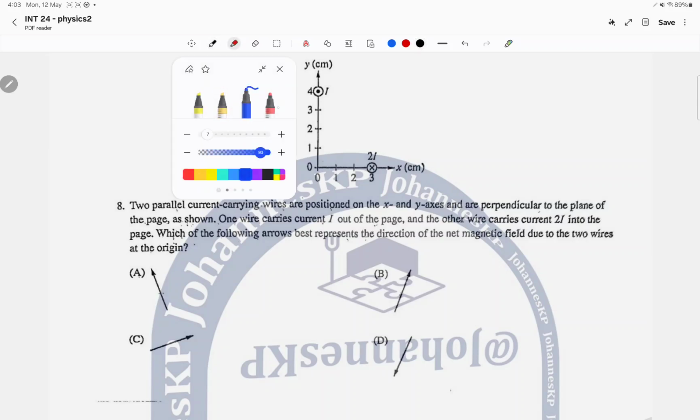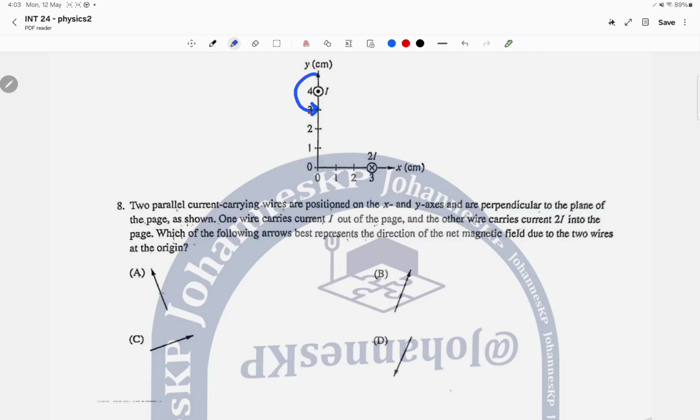Ready? So now point the thumb of your right hand to be out of the page for the top current. And you're going to be curling your fingers counterclockwise, right? That's the first circle. That's the second one. Third. Fourth. Let's use red color for the one that's into the page.